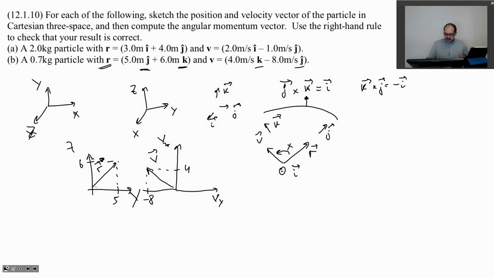So this will be the direction. Well, I could do it this way, v y, v z, and this is v x, x, y, z. This will be the direction of r cross v for part B.